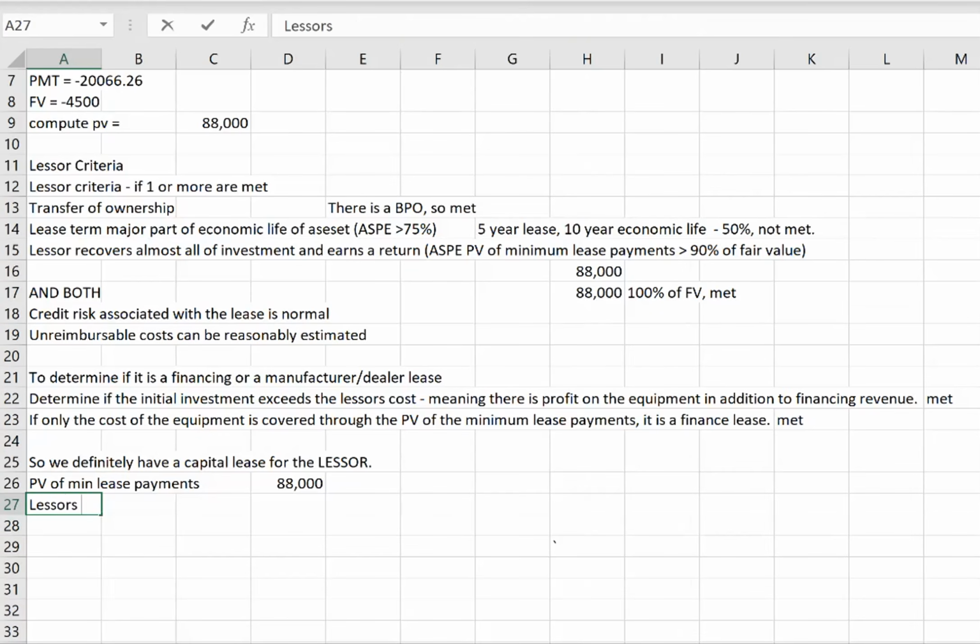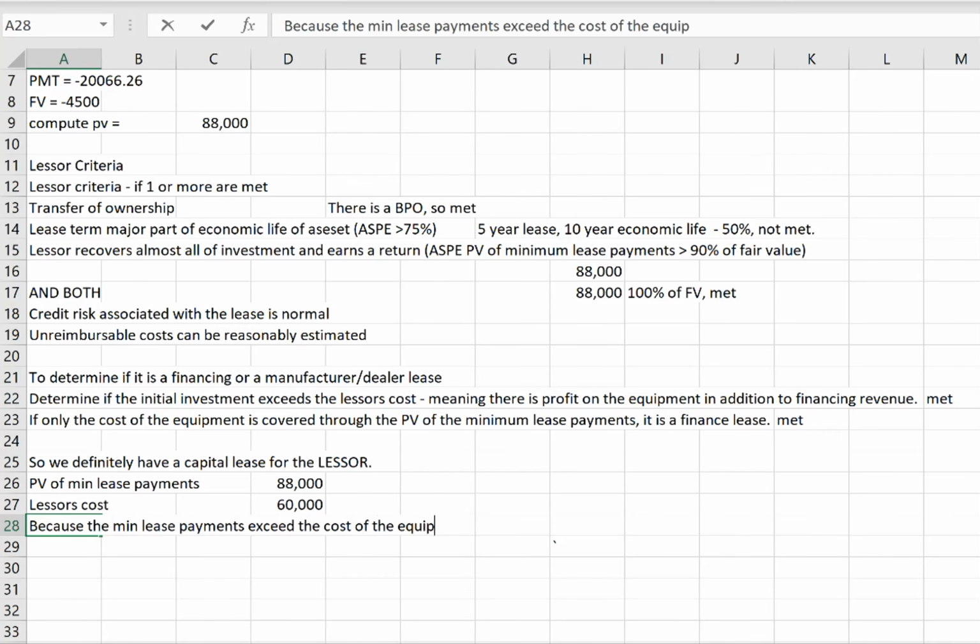The lessor's cost was $60,000. And so because the minimum lease payments exceed the cost, this is a manufacturer dealer lease.